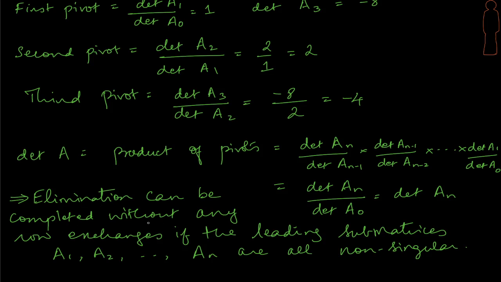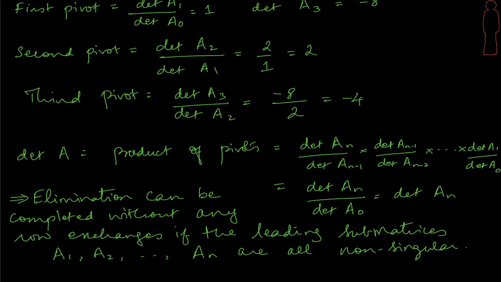Elimination can be completed without any row exchanges if the leading submatrices, what are the leading submatrices? Here they are, right? A0, A1 up to An minus 1, all these are called the leading submatrices. All the upper left matrices that we have seen till now are called the leading submatrices if they are all non-singular. The simplest way is to check the determinants.